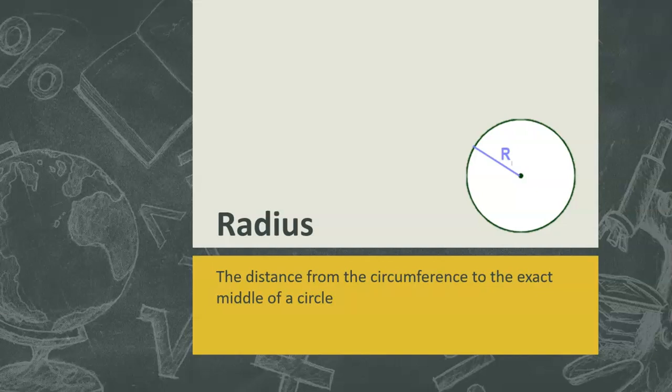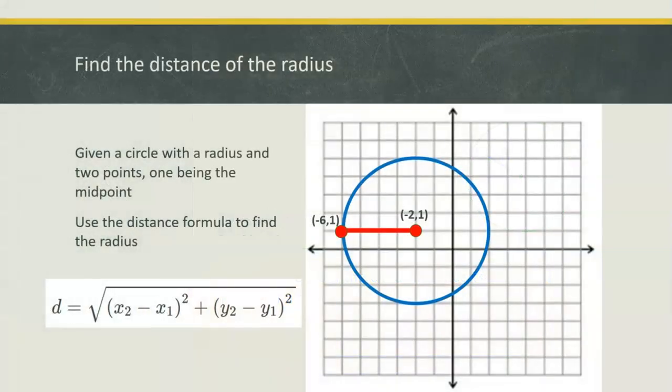The radius of a circle is the distance from the exact middle to the circumference, and it's labeled as r. If you need to find the distance of a radius, you will use the distance formula, the square root of the difference in x squared plus the difference in y squared.